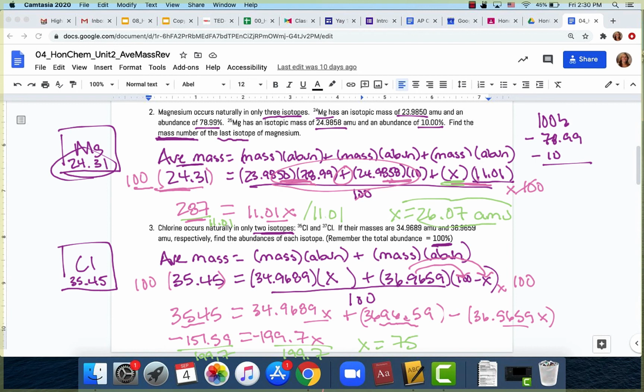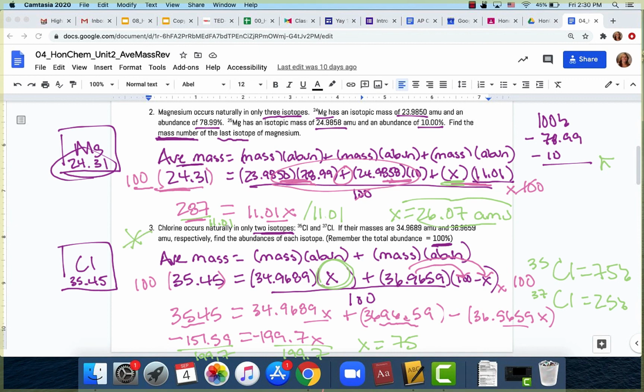So that means my first percentage, my CL35, is 75%. And to get the other one, CL37, that's going to be equal to 25%, because I know they have to total 100, just like what I did up here. This last one is like a bonus level one.